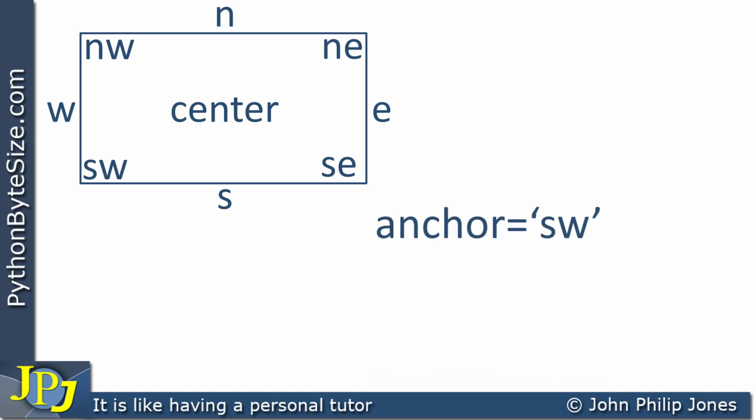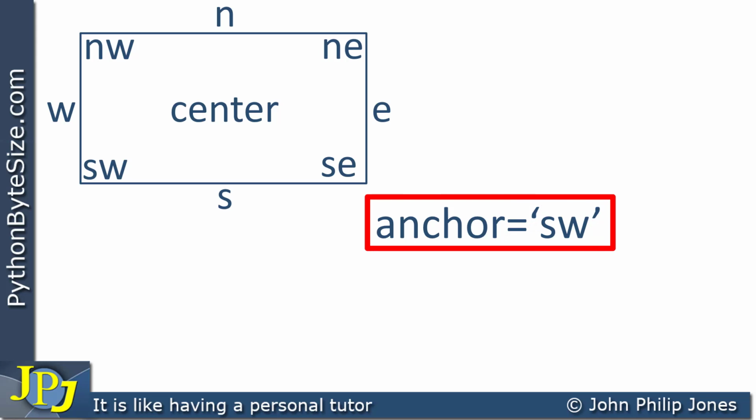Wherever this option appears, you would make it equal to, in this case, SW, which stands for southwest, and you note that the SW is in quotes because you treat it as a string. So you would see this, and this would help position the widget, and I'll show you an example of this in a moment.